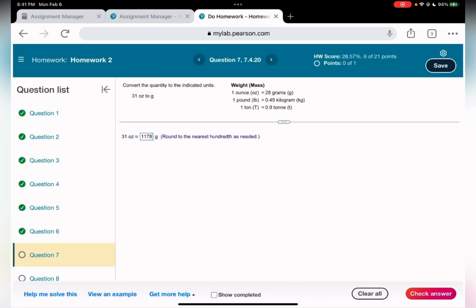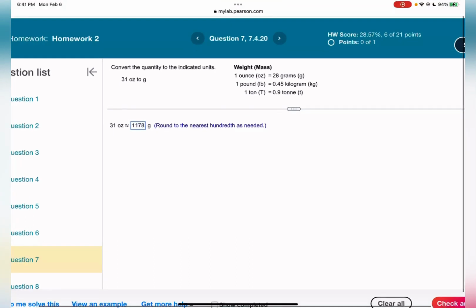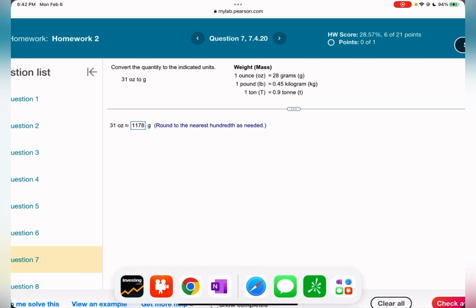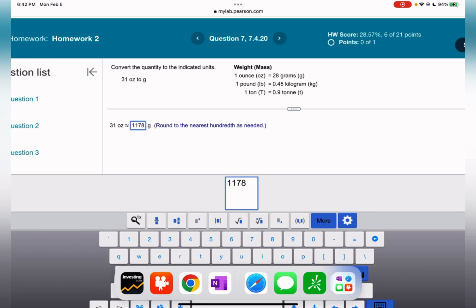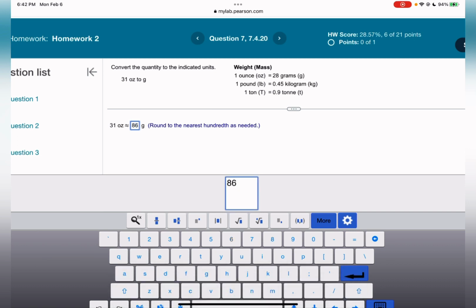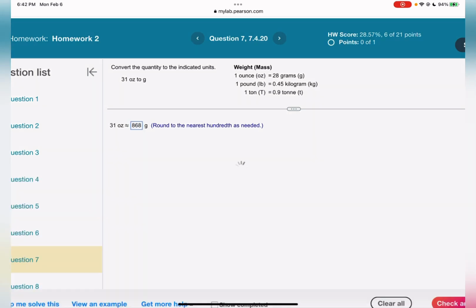Oh, what did I do? 1 ounce is 28 grams. Let me multiply again. 28 times 31 is 868. In my calculator, maybe it had something in the memory. 868. It had better be correct this time.